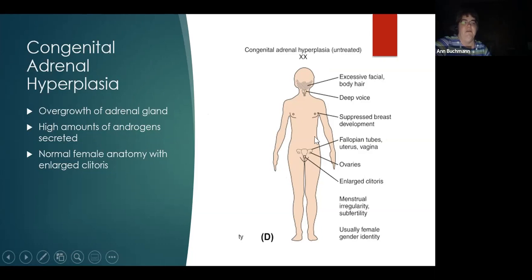They'll have normal female anatomy, but they'll have a large clitoris that will look a little bit like testicles. And they may end up with excessive body hair and excessive facial hair, maybe a deep voice. There's a famous runner, I can't think of her name right now, who has this, who runs as a female, but she does have the secondary sex characteristics of a male.